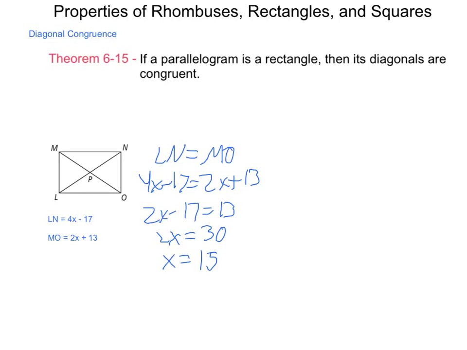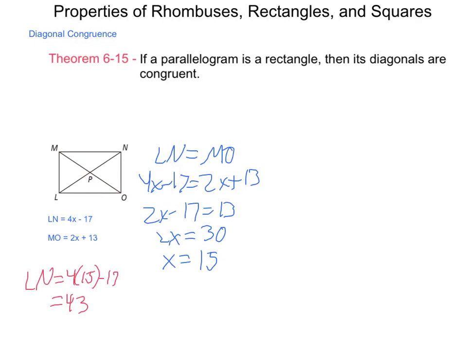So if x is 15, substituting that back in, LN is equal to 4 times 15 minus 17. 4 times 15 is 60. 60 minus 17 is 43. So the length of LN is 43 units, but the length of MO is also 43 units.